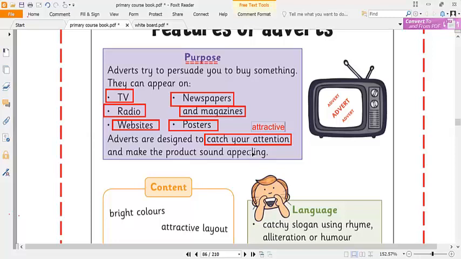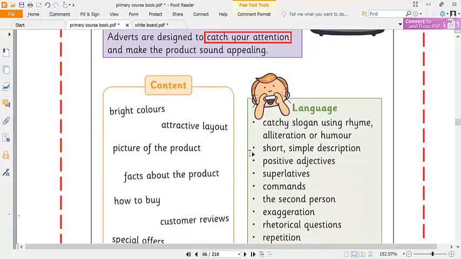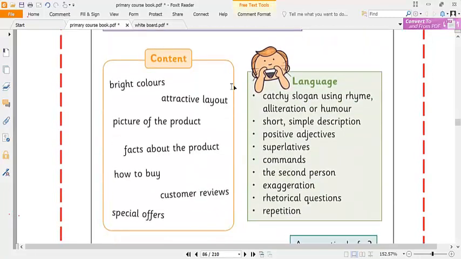Yahya, read the content. No, sorry, Kareem. Bright colors attract. Kareem's turn. Kareem, read the content.